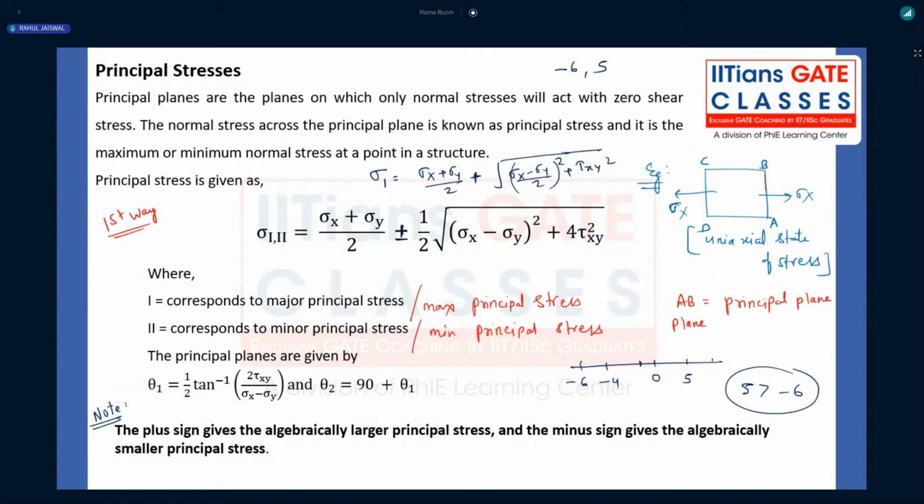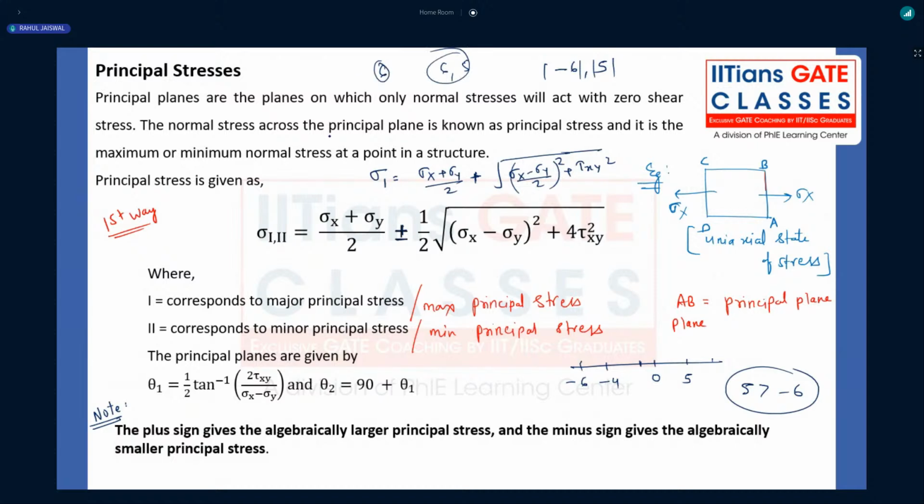If I tell you to design the beam for the maximum stress, on the basis of which stress will you design? You got two values, 6 and 5. Whichever is the maximum, 6.